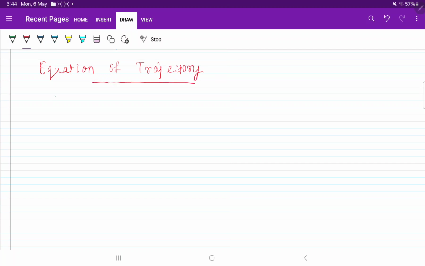Along the x direction we can write the equation of motion as s = uxt + half axt square, which we have already discussed, and the acceleration along the x direction is 0. So sx can be written as x = ux t, where ux is u cos theta, into time t.